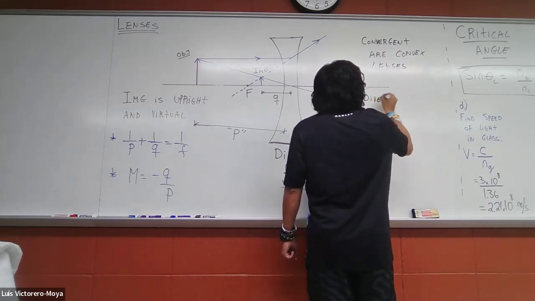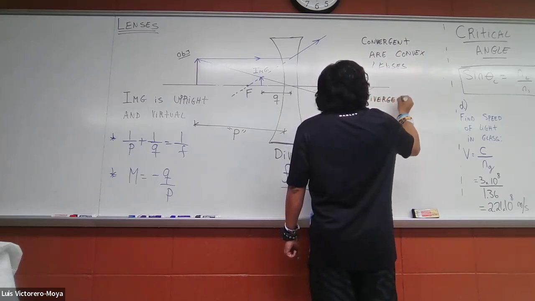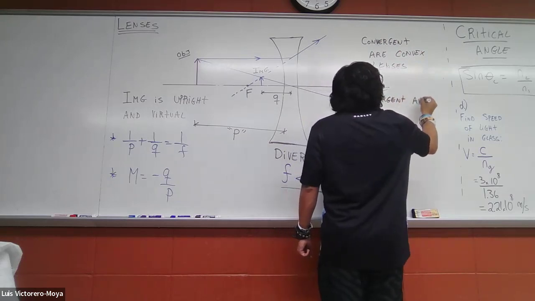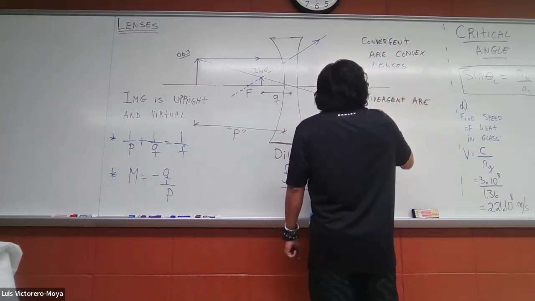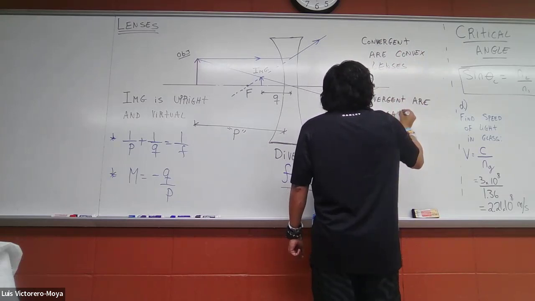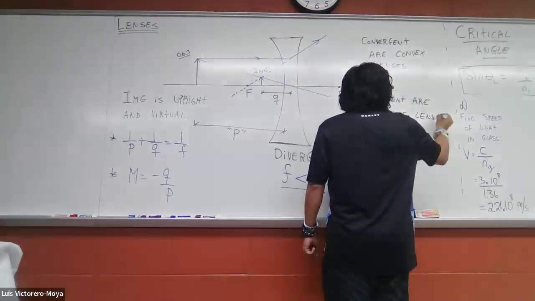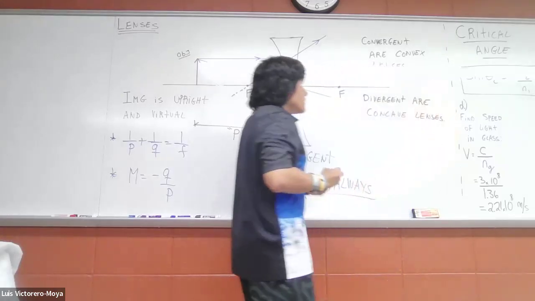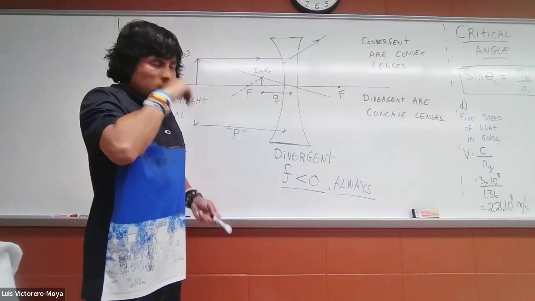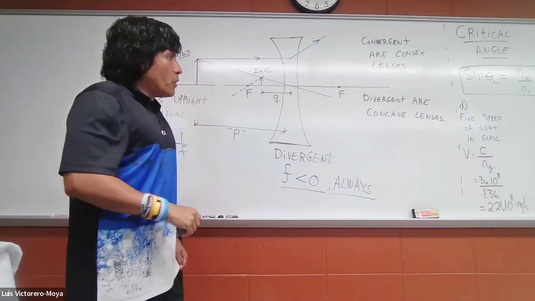Divergent are concave lenses. It's important to have that. And now we can do problems.